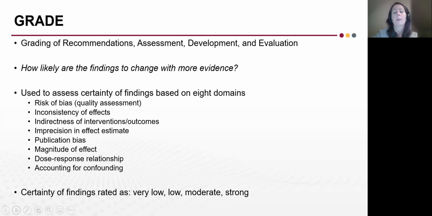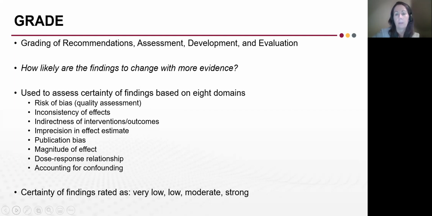What we were realizing before that was, even though we were appraising the quality of the individual studies, some topics had designs that were all at very high risk of bias. And so while it was a well done study, there was still a fair amount of risk of bias in the body of literature, but that wasn't being captured when we weren't using GRADE.